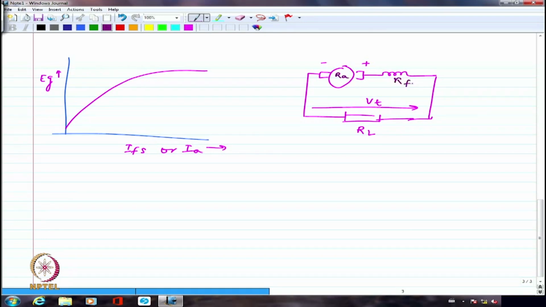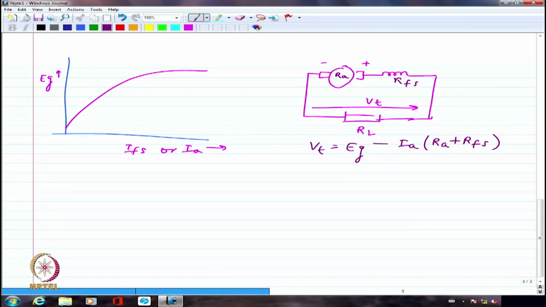Right? And I am going to have RA here and RFS here. So if I look at what is the drop and what is terminal voltage, the terminal voltage is going to be EG minus IA multiplied by RA plus RFS. Right? That is how it is going to be.